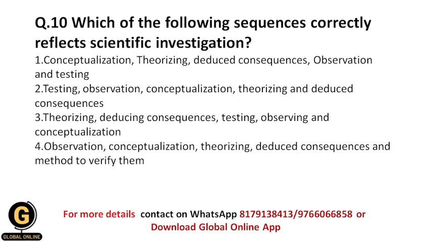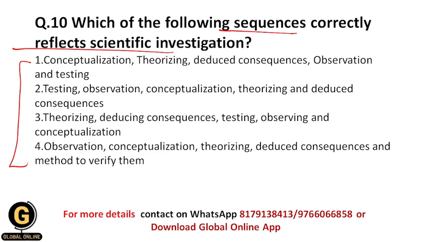Next is, which of the following sequences correctly reflects scientific investigation? Okay, so here we have different options, and in each option they have given us different sequences, but we need to identify the correct sequence of scientific investigation.